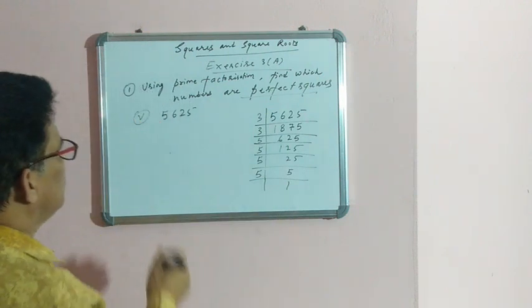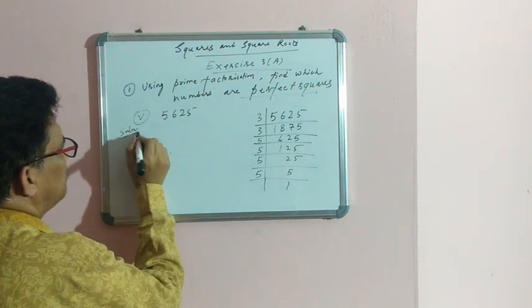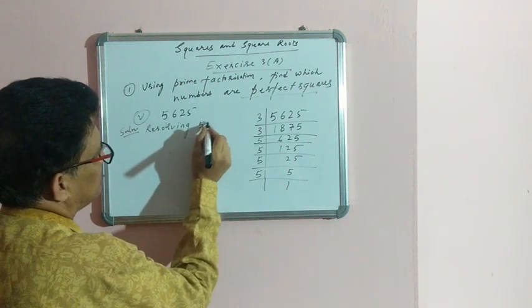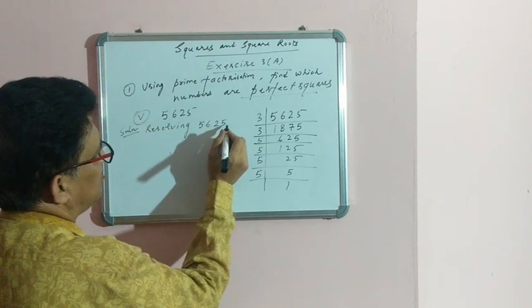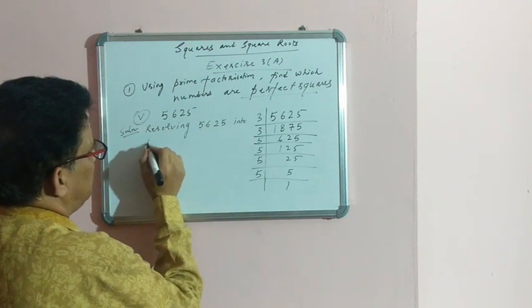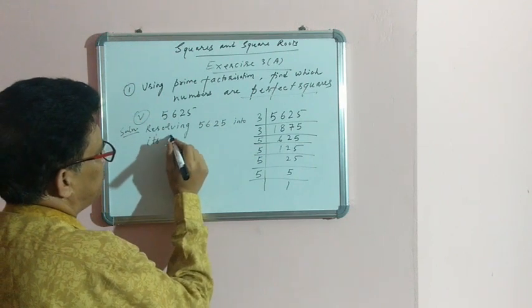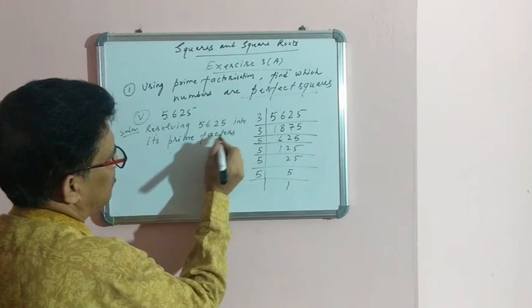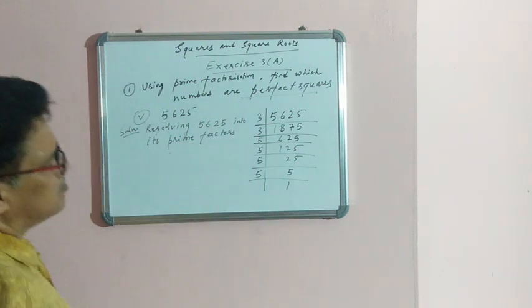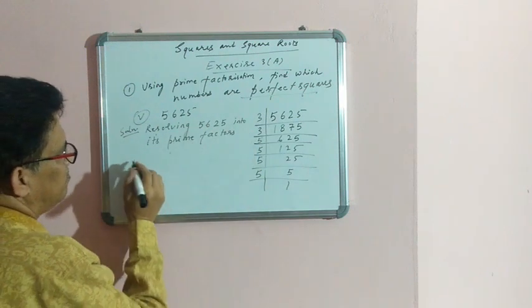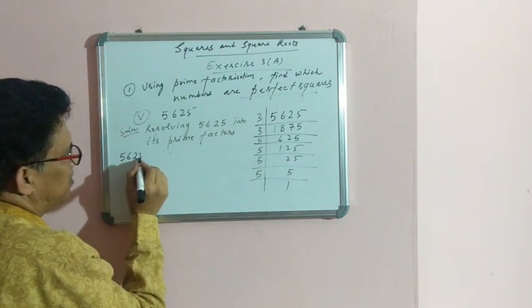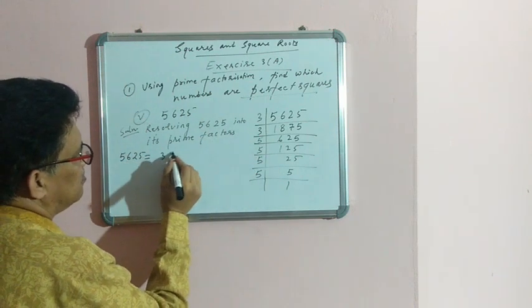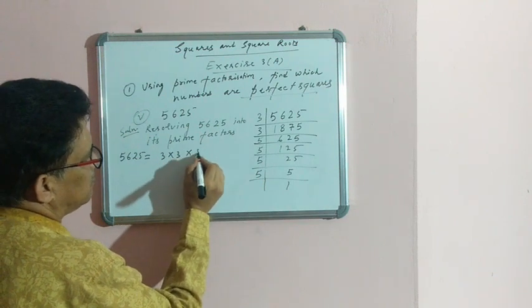So resolving 5625 into its prime factors, we can write 5625 equals 3 into 3, then 5 into 5 into 5 into 5.